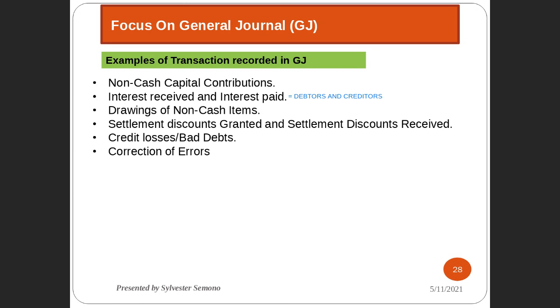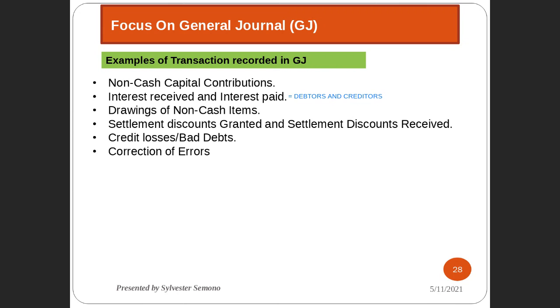Like here at Varsity College, let's say you are not paying your account according to the terms of payment. What they usually do is charge you interest on your account. That interest is the one I'm referring to. And again, as a business, sometimes our creditors will charge us if, for example, we don't pay according to the terms of payment. That interest will always be in the GJ. Are we together? So let's make sure that we understand what I'm talking about.